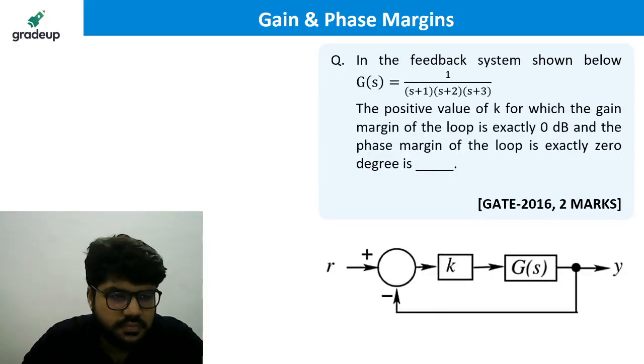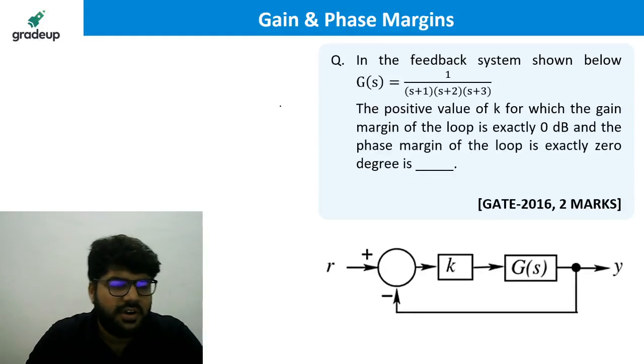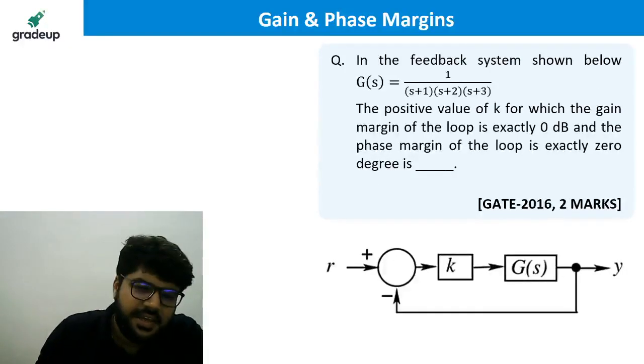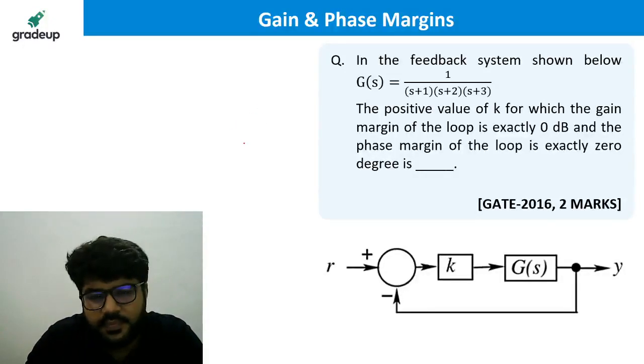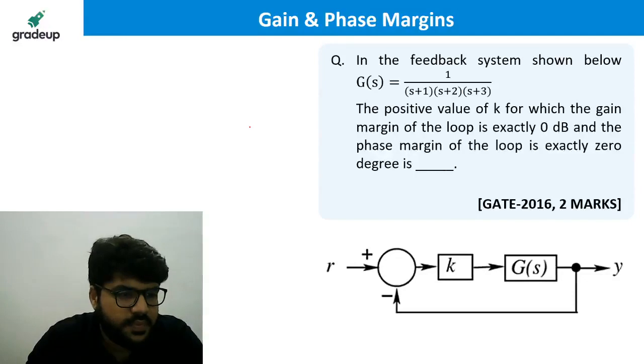What is the method to be applied here? If you solve by the formula of gain and phase margin, it is going to be lengthy.